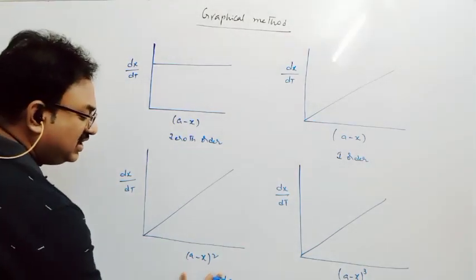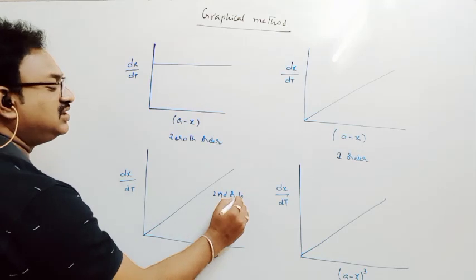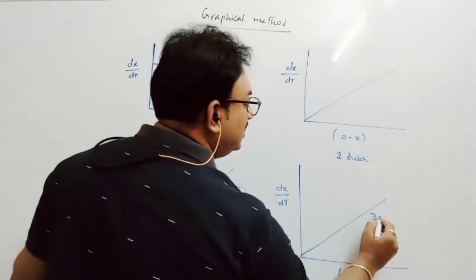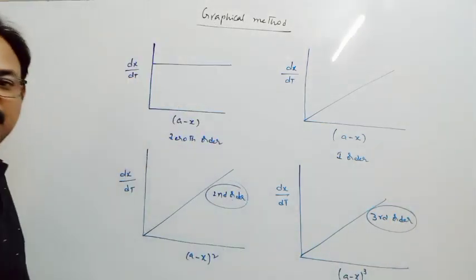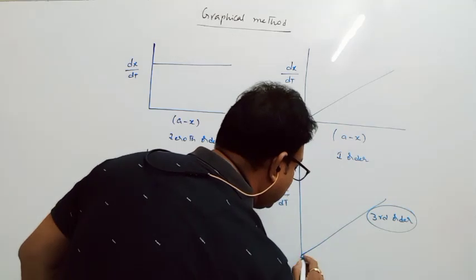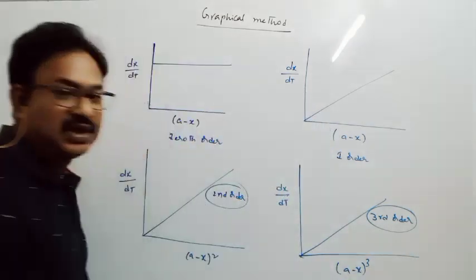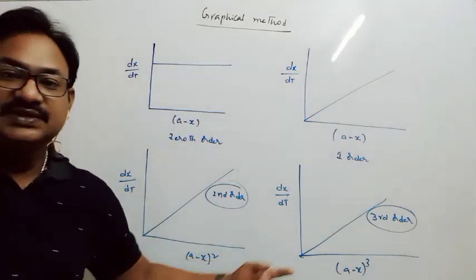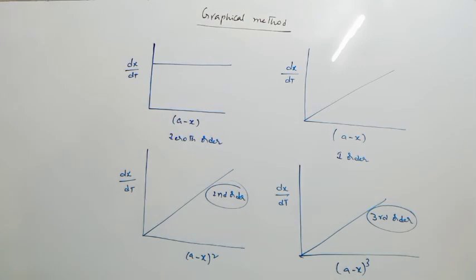It is not visible below, so I am writing here. This is for second order reaction. This is for third order reaction. A minus x whole cube. So this is the graphical method.